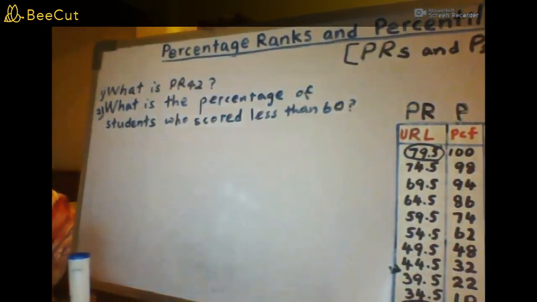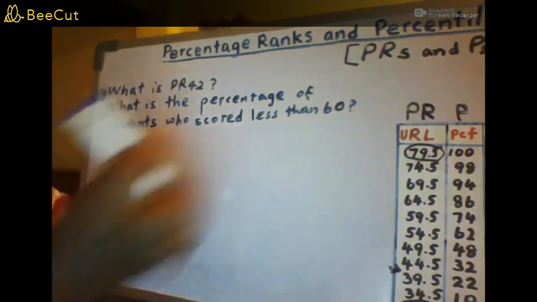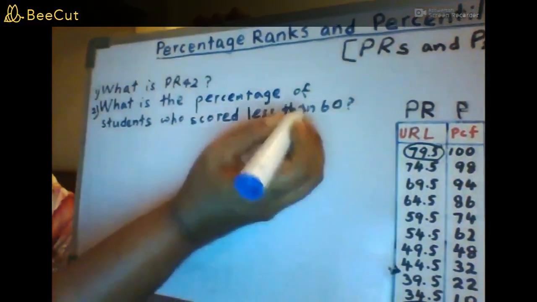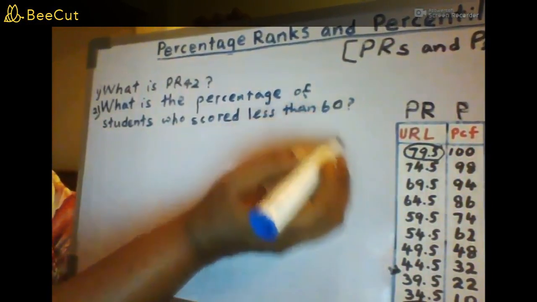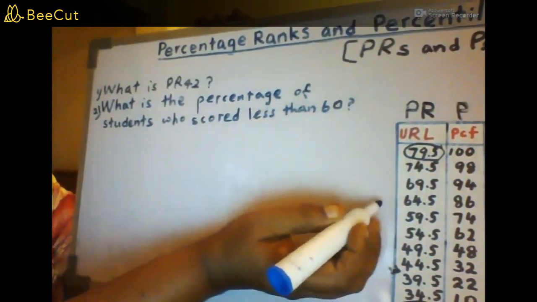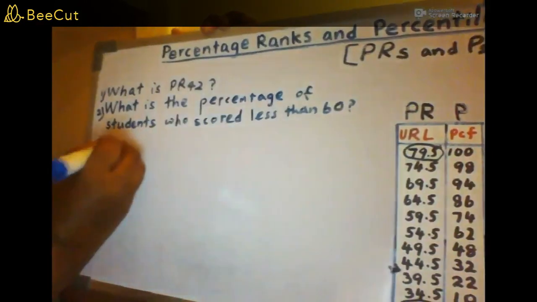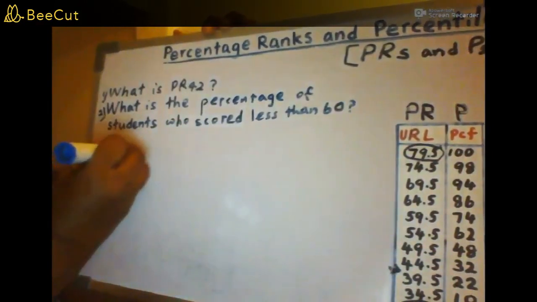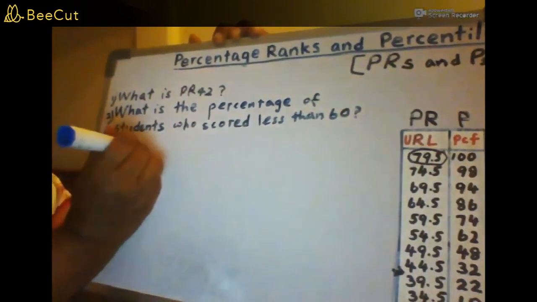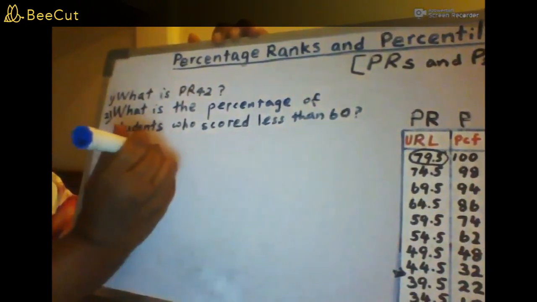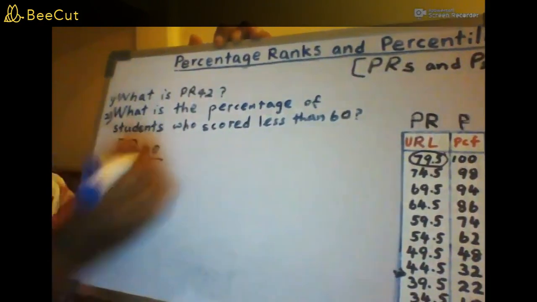Identify what is given, whether the mark is given or the percentage is given. What is given here? A mark, right? Then we have to take that particular mark to the relevant column, right? We have to find PR 60. The mark is given, mark column PR 60.